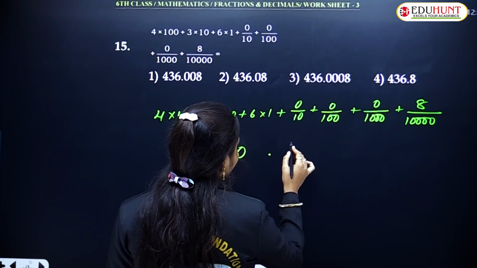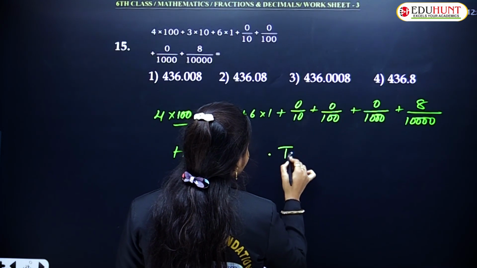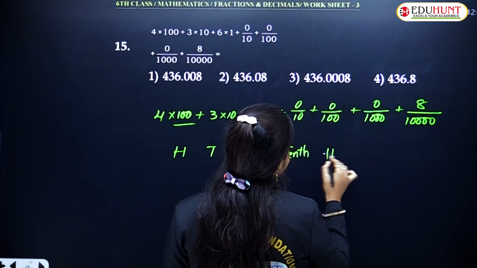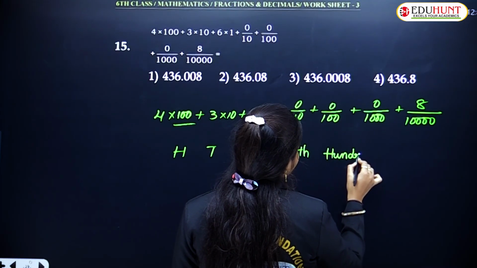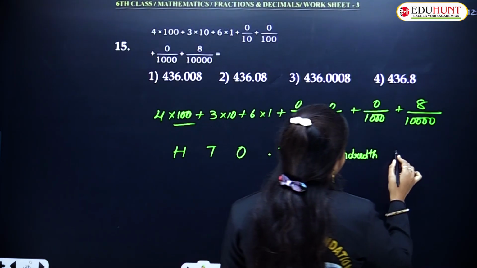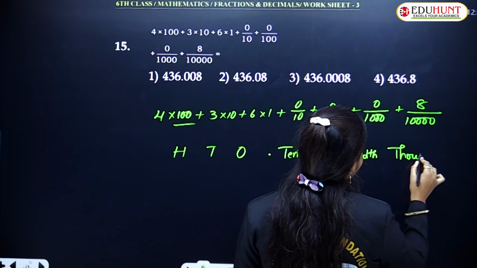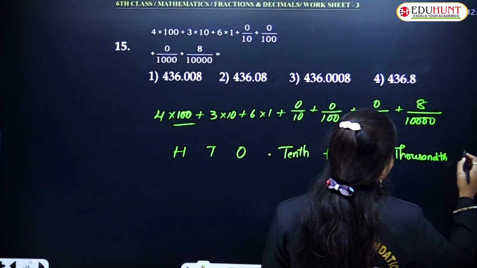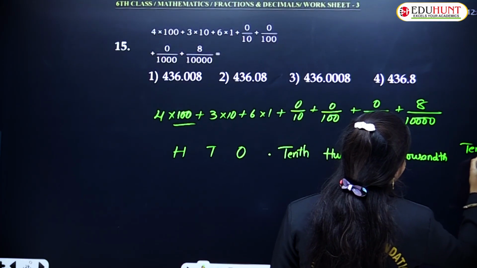Next after the decimal point, tenth place, then hundredth place, then thousandth place, and finally ten-thousandth place.